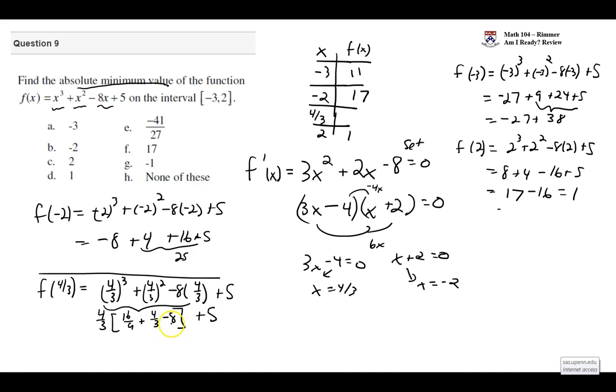Common denominator would be 9. So we'd have 16 plus 12 minus 72 all over 9, and the 4/3 on the outside. And that's going to be, what? Add these together, get 28. 72, take away 28.